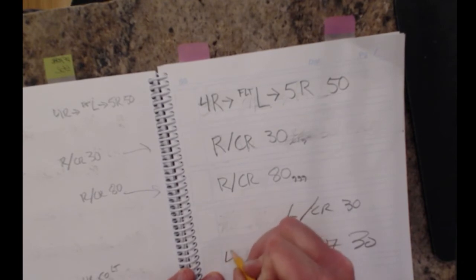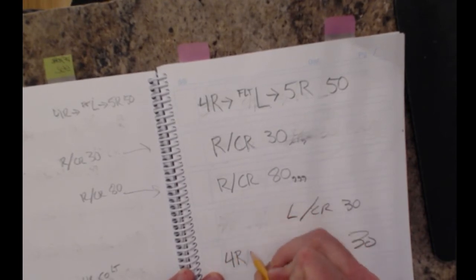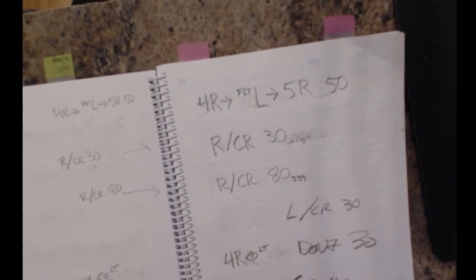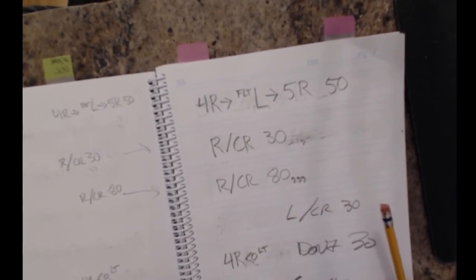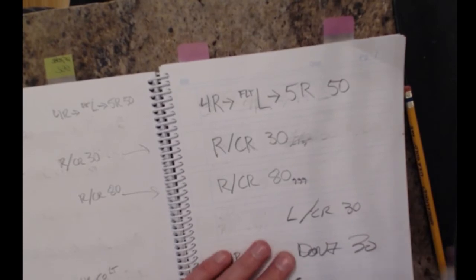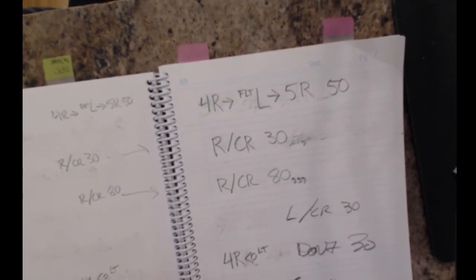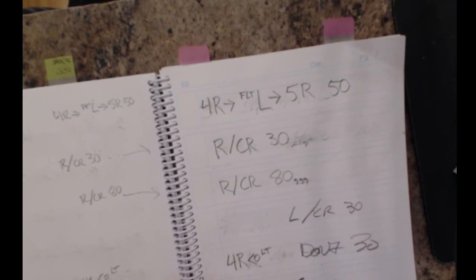So, 4 right, opens, late, don't 30. Left over crest into 6 right short. So left over crest into 6 right short.